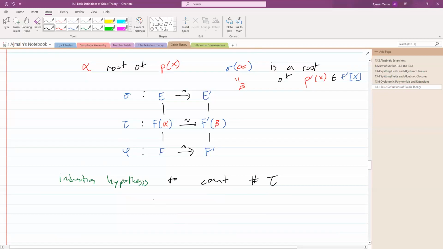And this number is equal to the number of roots beta.